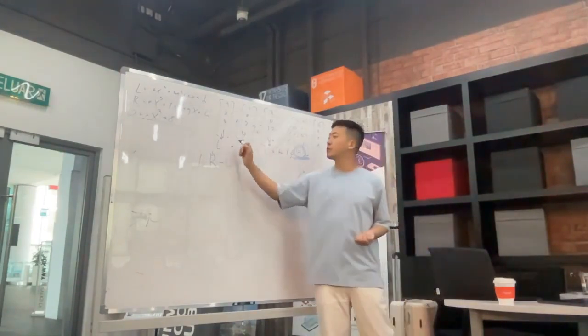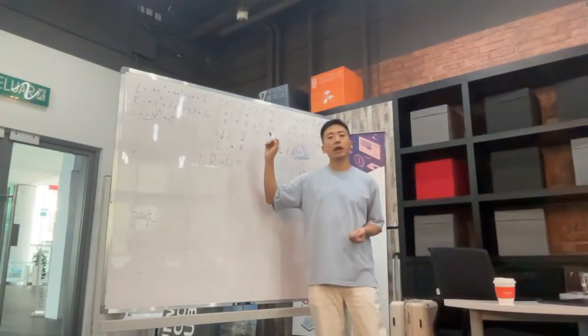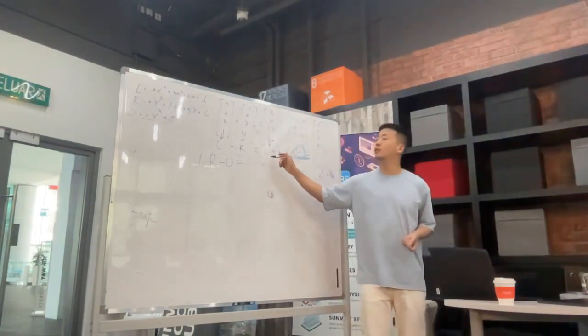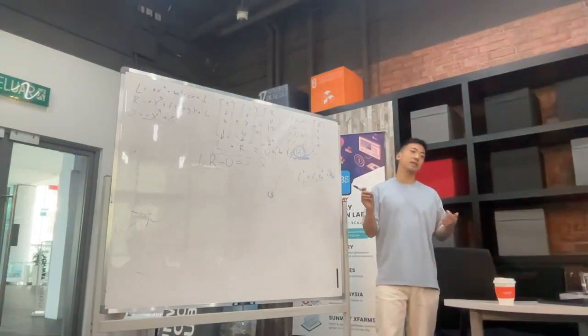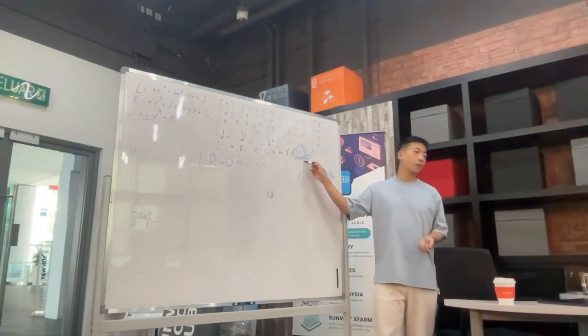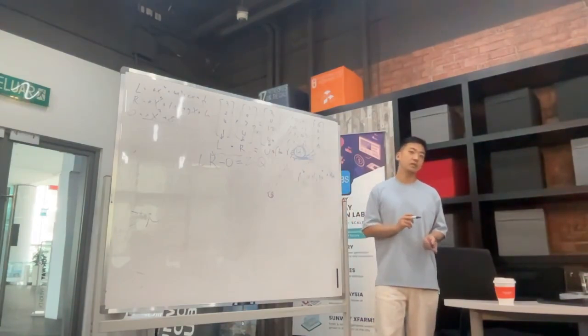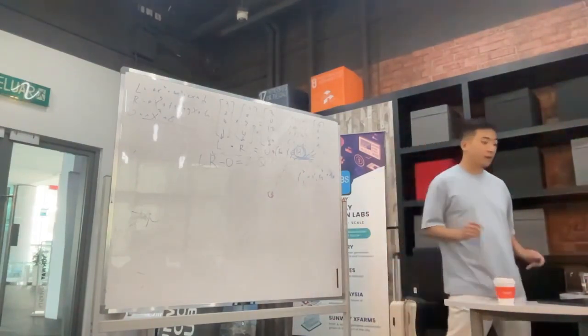So L times R will not evaluate to the same value as O outside of this range, but they are going to evaluate to the same value in this range. This is how we bind the range in univariate polynomials.